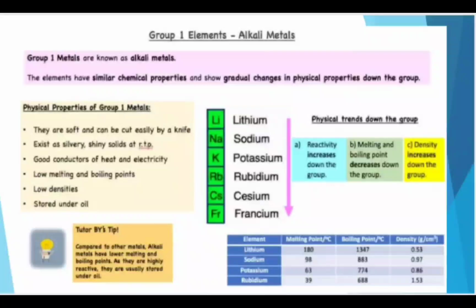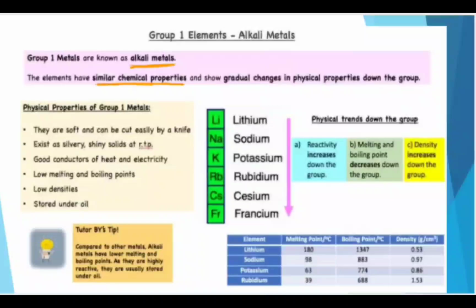As I have spoken about already, group 1 metals are known as alkali metals. The elements have similar chemical properties. All of them in group 1 are real good and hard. They all form very strong bases once combined with hydroxide.